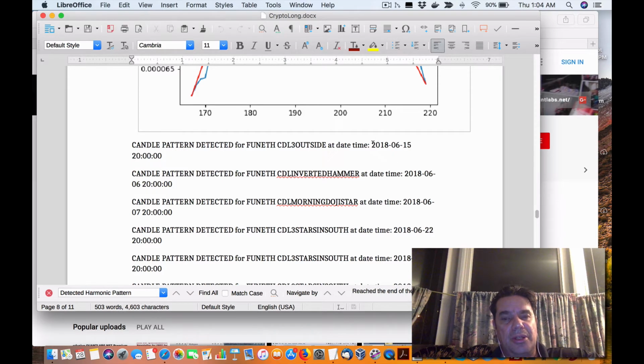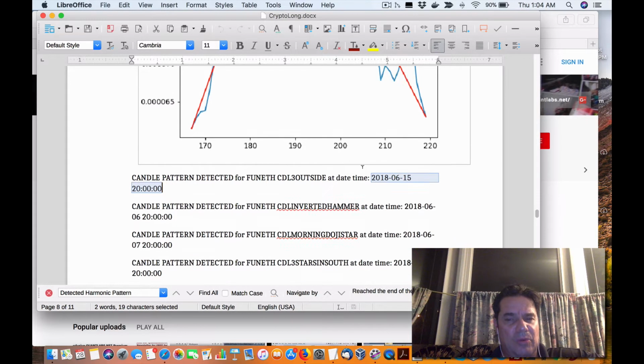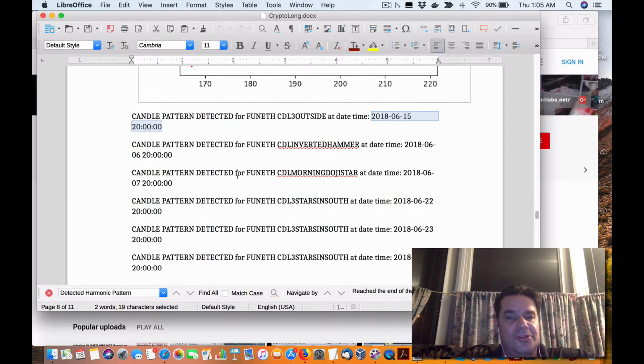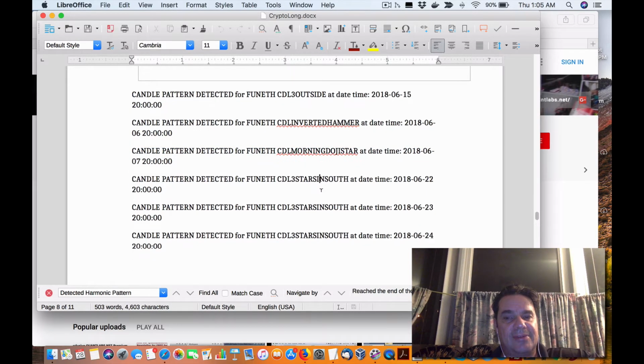Because today is the 28th, I've now added detail. If you've seen my previous candle pattern detection, I didn't give a proper date. The time's the same. And again, I'm only using daily data here. So here we have a variety of patterns detected at these times.